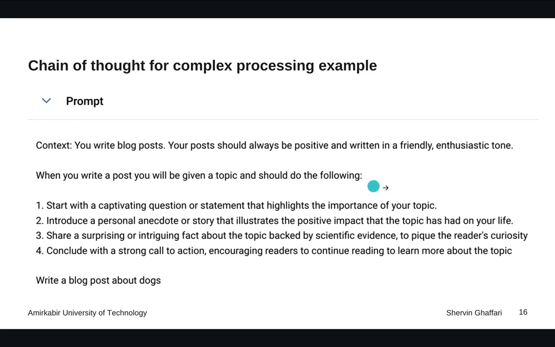An example here asks the model, when you write a post about a topic, you should do the following: start with a captivating question or statement, highlight the importance of the topic, introduce a personal anecdote or story that alludes to the positive impact the topic has had on your life, share a surprising, intriguing fact about the topic backed by scientific evidence, and so on. Then it follows these instructions to address the problem, given a question.